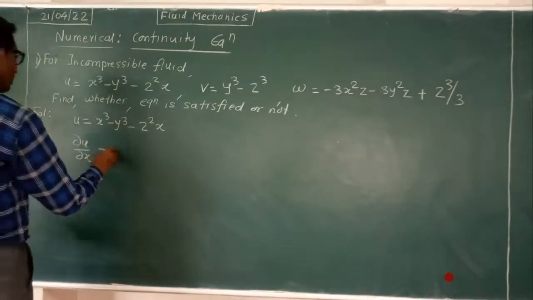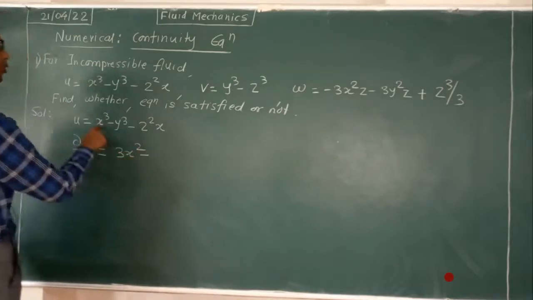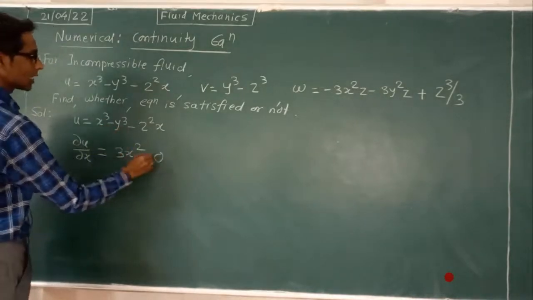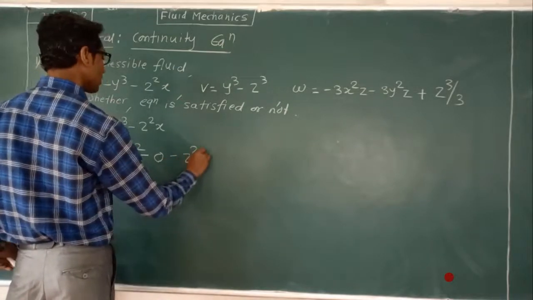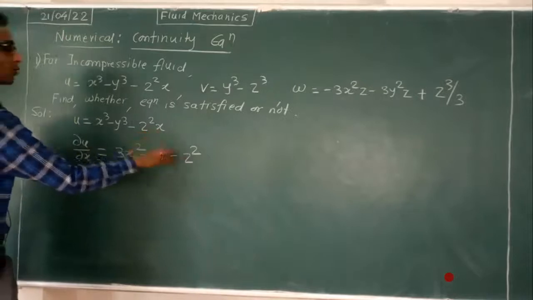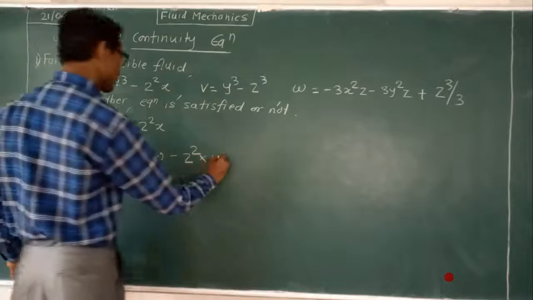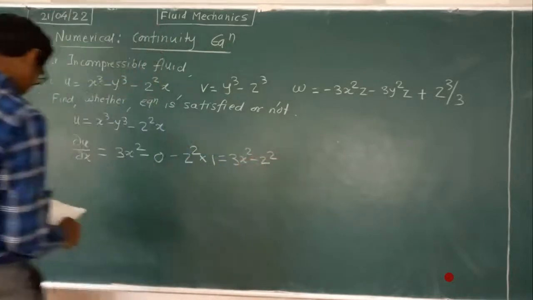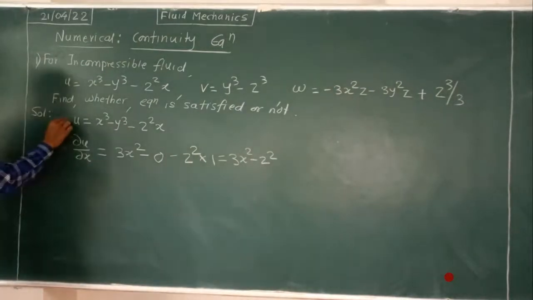The derivative of x cube with respect to x is 3x square. y cube is a constant, its derivative is 0. Minus z square is a constant, and the derivative of x with respect to x is 1. So this gives 3x square minus z square. This is for velocity u.